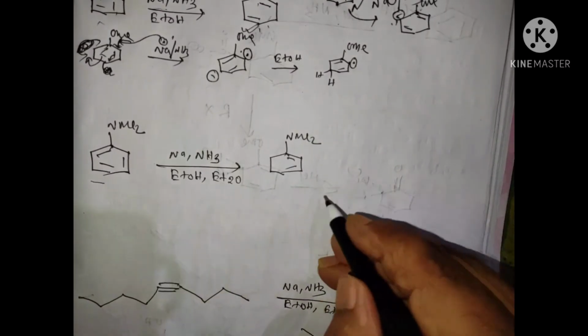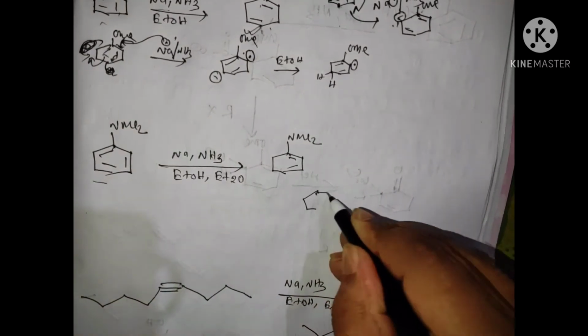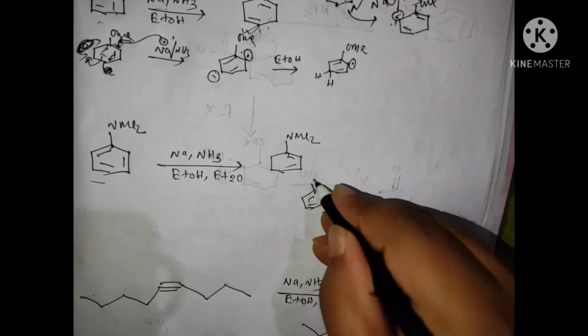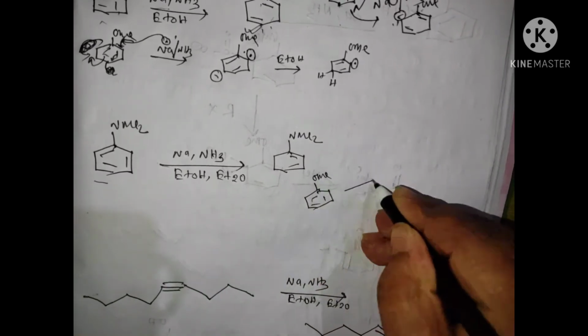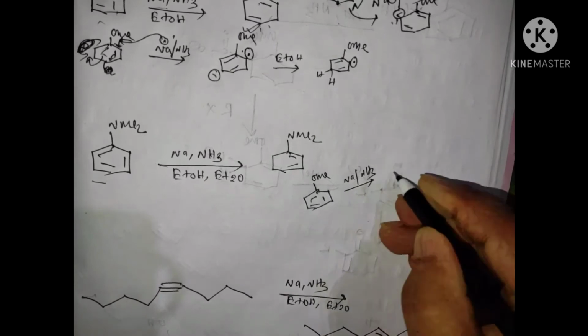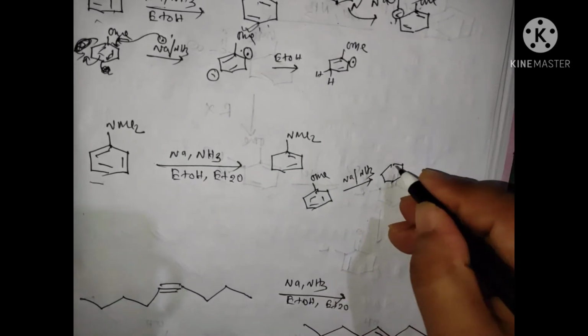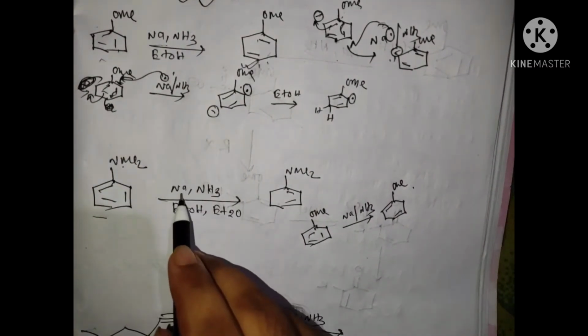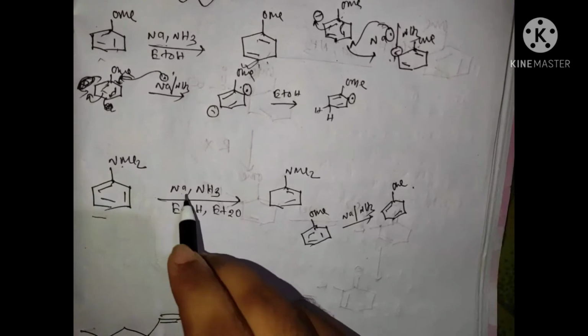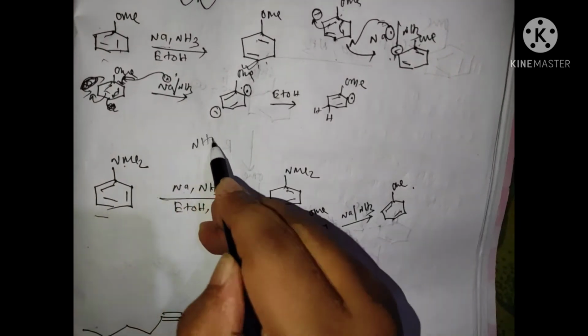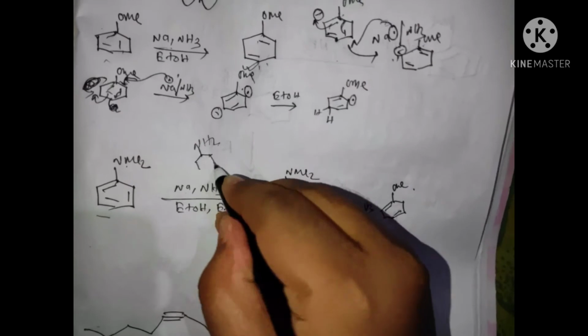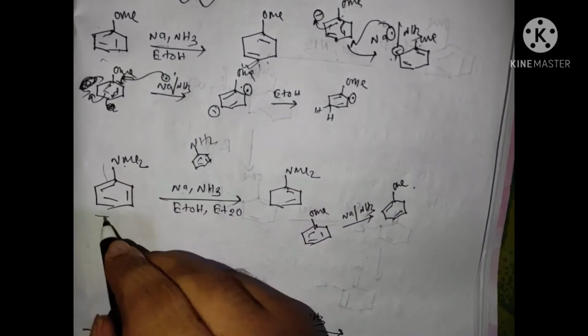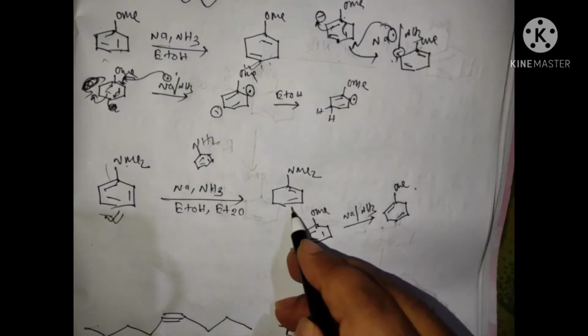We saw in the first part of our lecture that in Birch reaction we get a non-conjugated product, but if we perform this reaction on an aniline system, that is NH2, we always get the conjugated product.